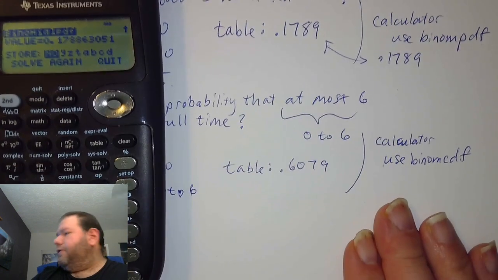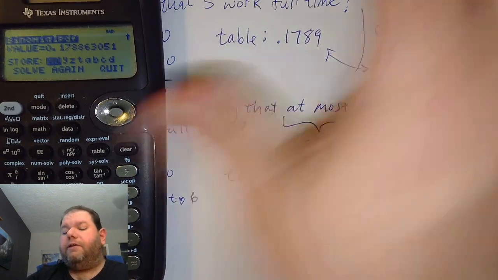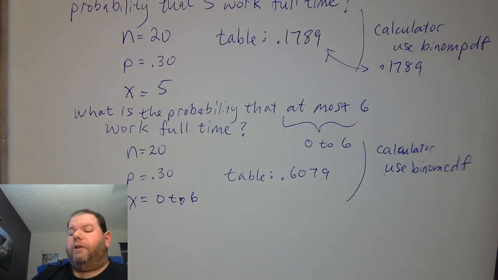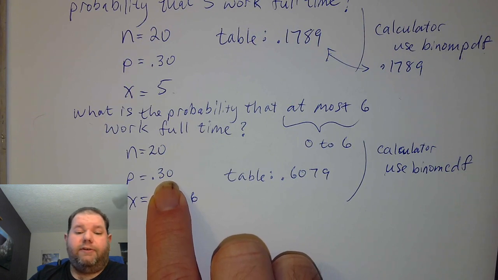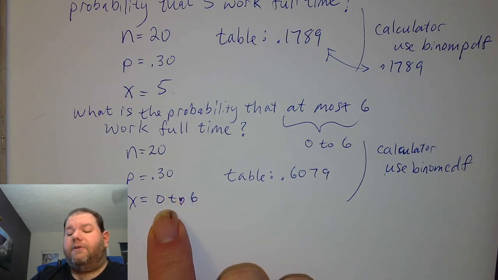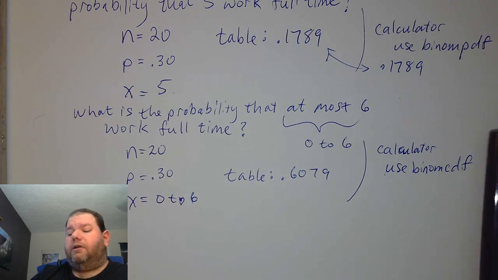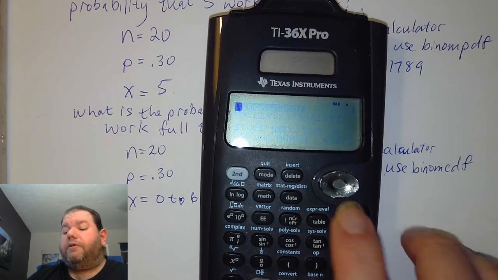Okay, and then for the second example we looked at, we said, okay, still 20 trials or 20 individuals, 30% chance of success, but now we want x to be 0 to 6. Now, clear that.